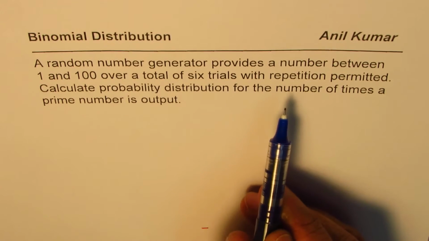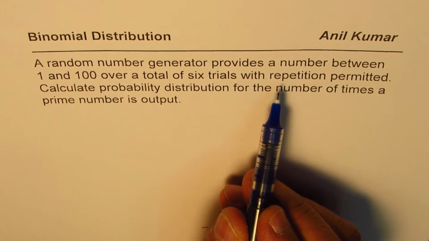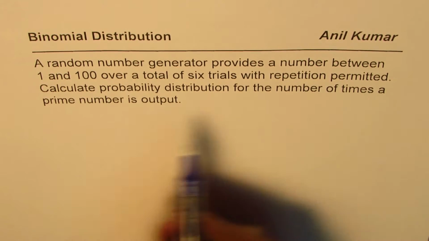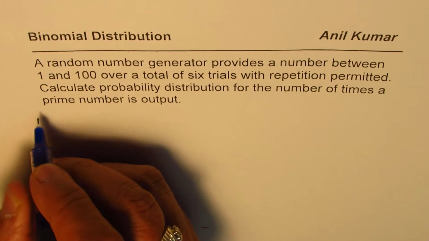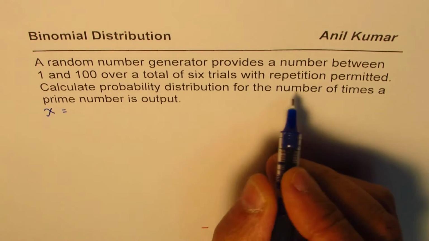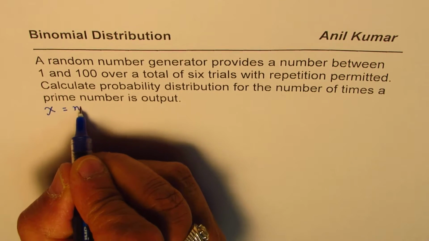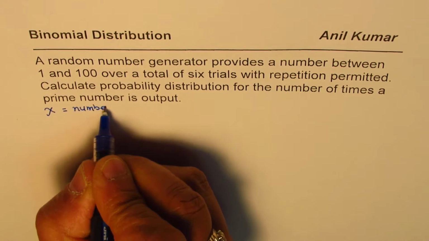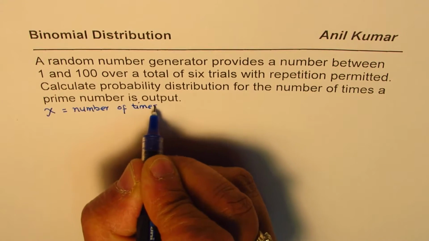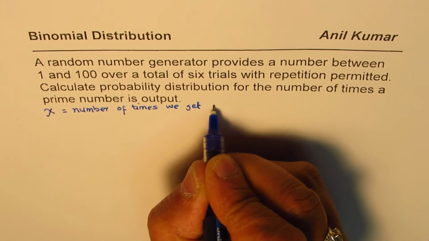Now let's figure out what our random variable should be. Since we need to find the number of times a prime number is output, we'll define our random variable as the number of times we get a prime number.